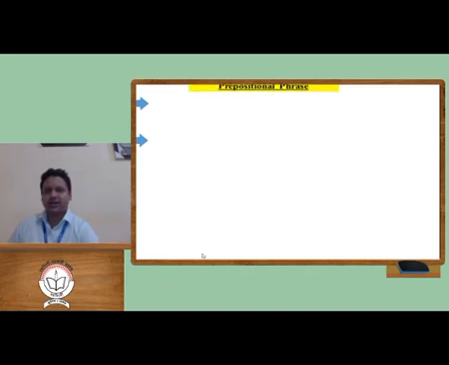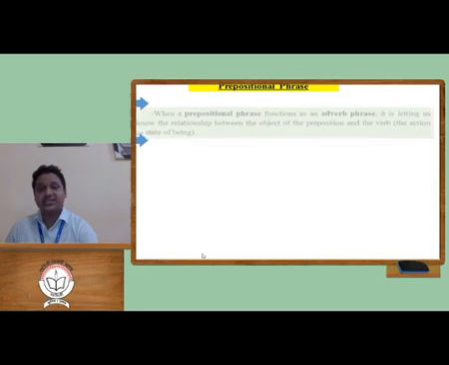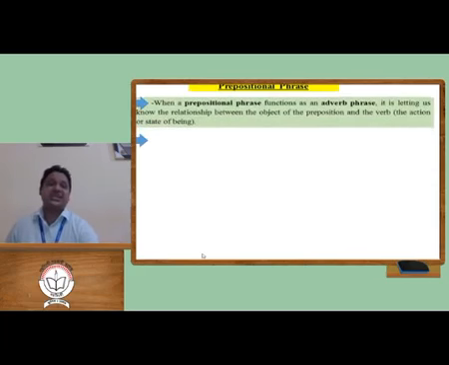Dear students, now we will learn about the prepositional phrase that functions as an adverb phrase. When a prepositional phrase functions as an adverb phrase, it lets us know the relationship between the object of the preposition and the verb, the action or state of being.